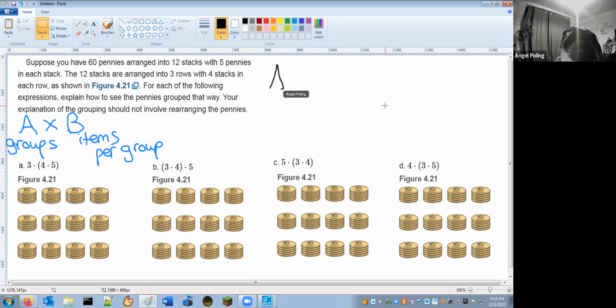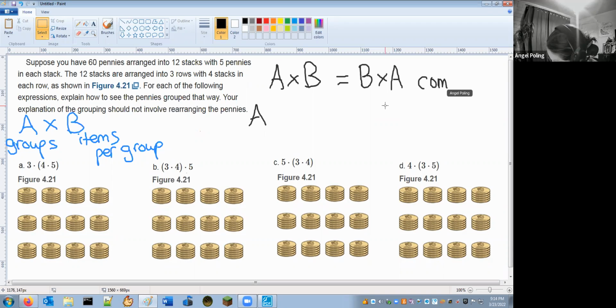So A times B has the same value as B times A. Let's see, I was trying to see if we see one easily here. But I see more commutative properties. So let's try that. Oh, that one's commutative.